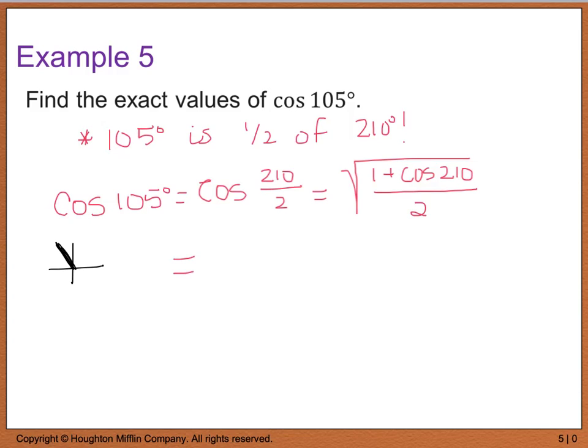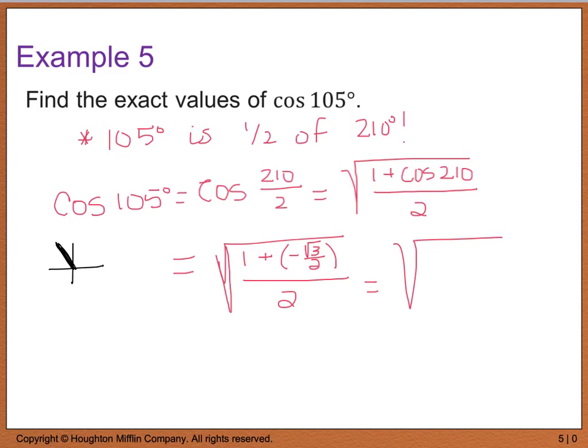So now when I go to simplify, 1 plus the cosine of 210 is actually going to give me 1 minus the square root of 3 over 2. I'm going to divide all of that by 2, and this square root does go over everything. So now when I simplify my numerator, I have the square root of 2 minus the square root of 3 over 2, divided by 2.